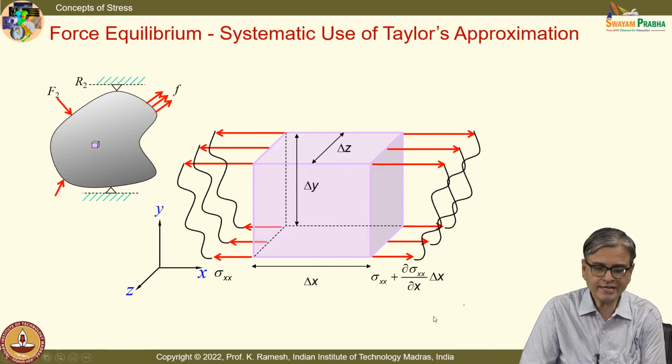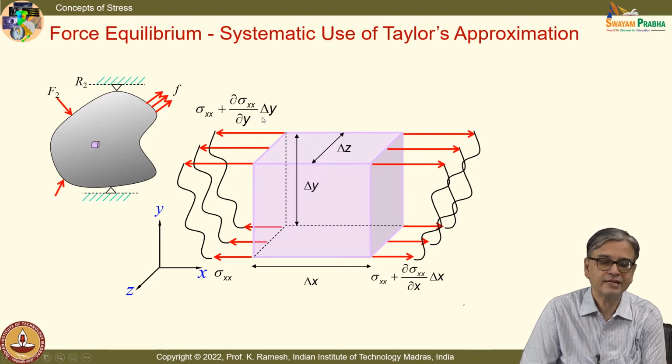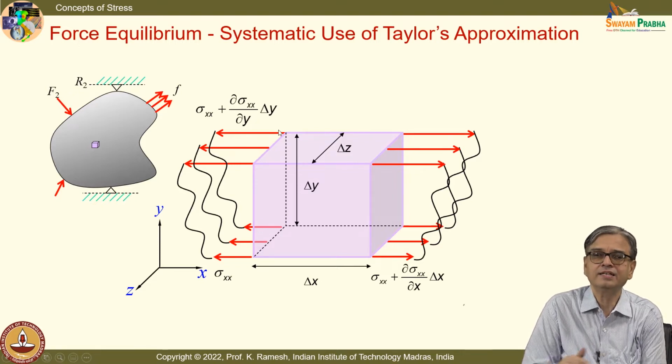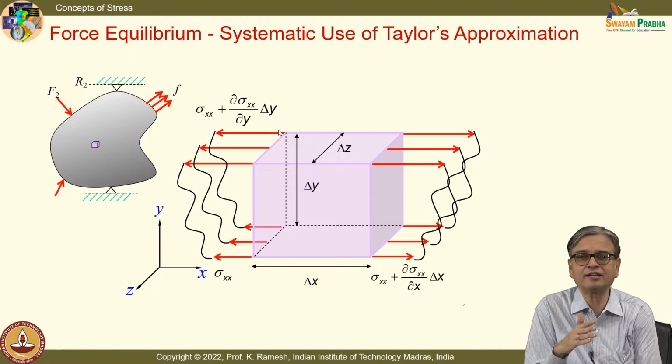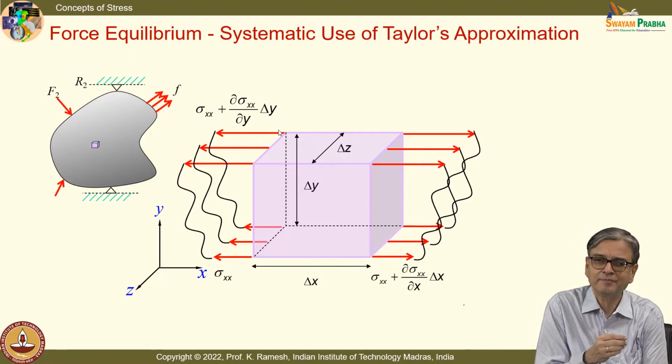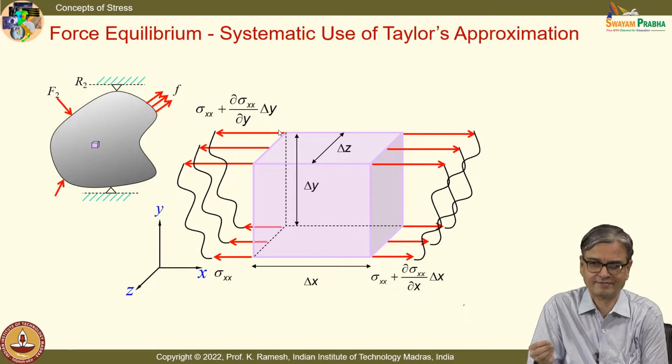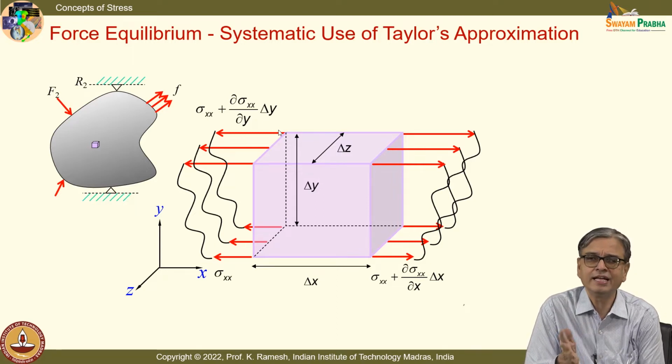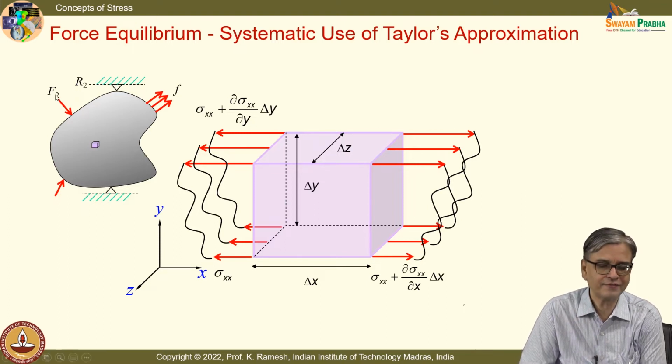So I can write this as sigma x plus dou sigma x by dou y delta y. See, when we normally say the normal stress, many times we may not say sigma xx. Even sigma x is sufficient, so it will be used interchangeably. Okay, so this is fair enough.